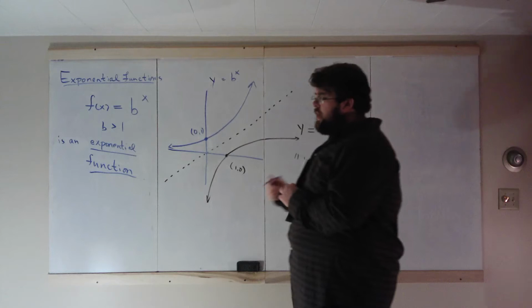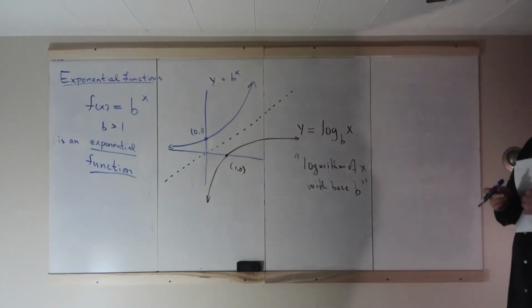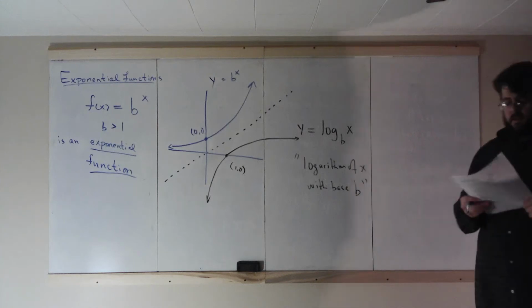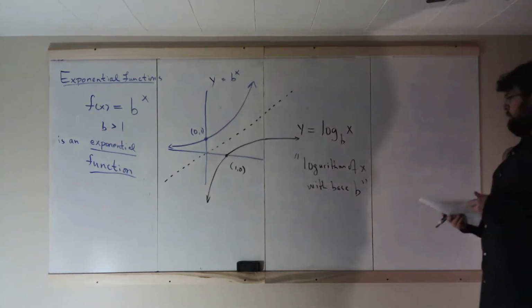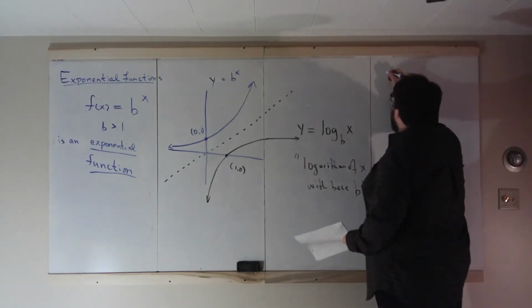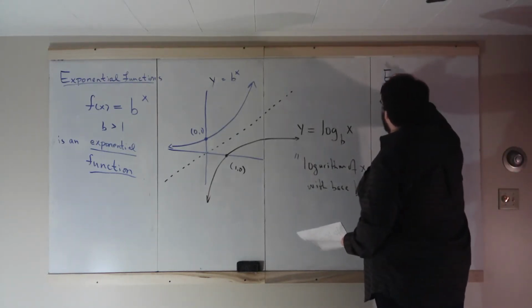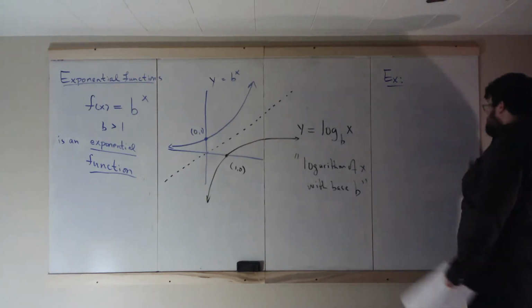Now, why is that useful? Well, in general, why are inverse functions useful? Inverse functions are useful because they allow us to solve functions for x. Well, among many other things, they allow us to solve some functions for x. So let's look at two examples.